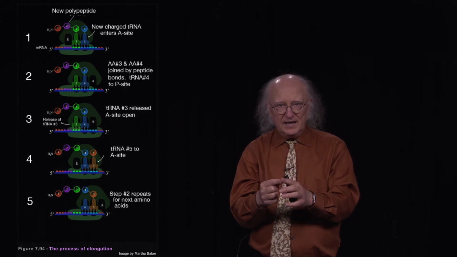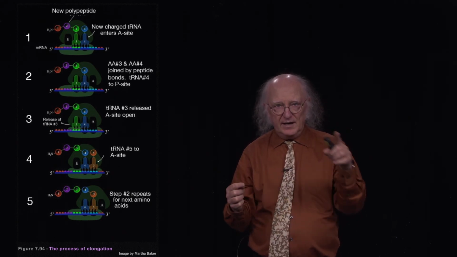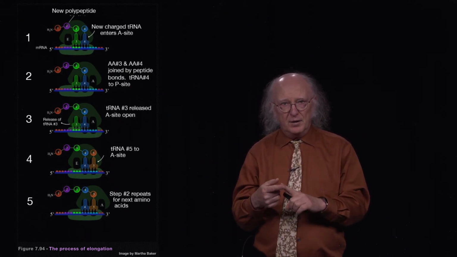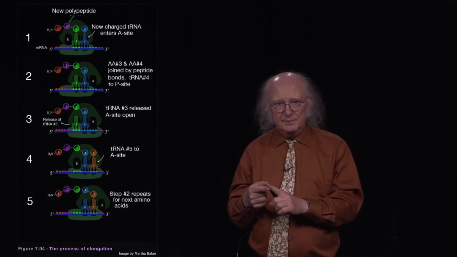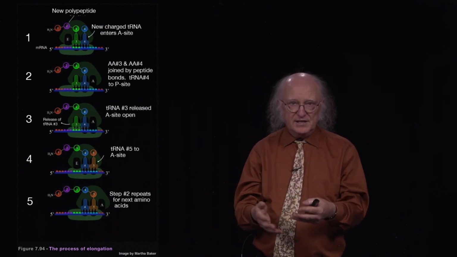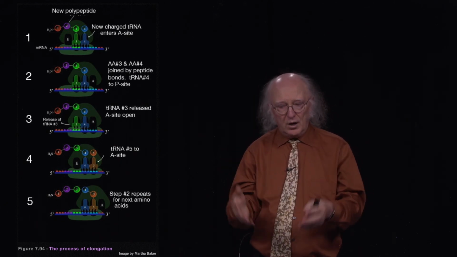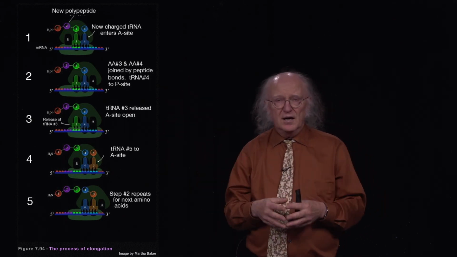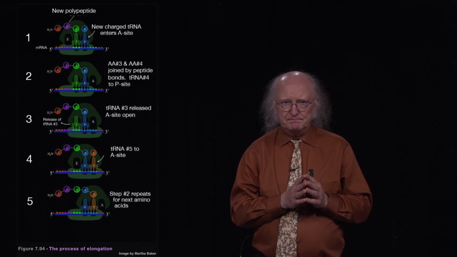And when it comes into that A site, this process of elongation just continues on and on and on. Peptide bonds are being formed continually so long as the proper tRNA is being brought into the A site. When the improper one is brought, then it just gets kicked out until the proper one gets brought in.